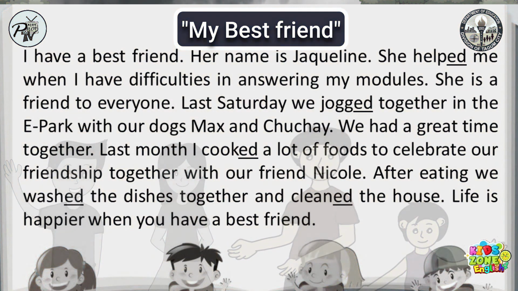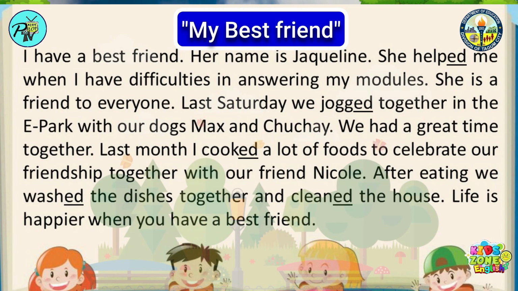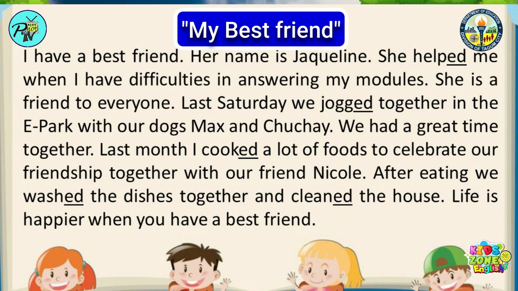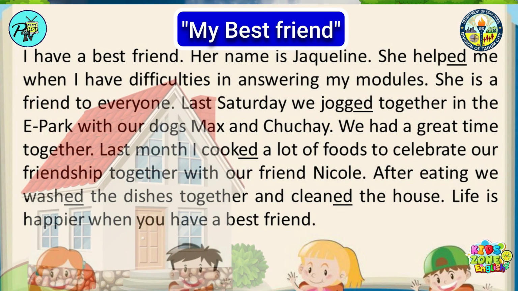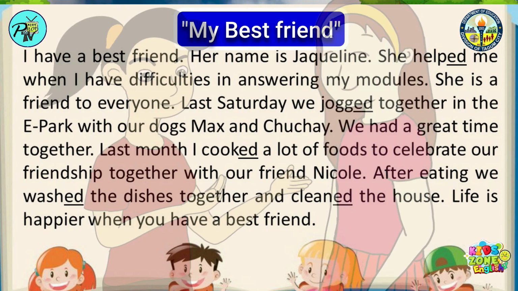Last Saturday, we jogged together in the e-park with our dogs, Max and Chuchay. We had a great time together. Last month, I cooked a lot of foods to celebrate our friendship together with our friend Nicole. After eating, we washed the dishes together and cleaned the house. Life is happier when you have a best friend.